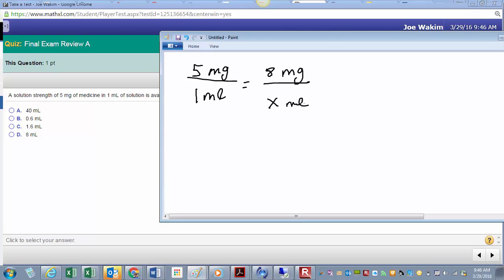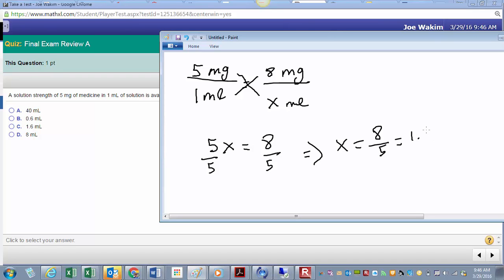So cross multiply. 5x equals 8 times 1, 8. But we want x, so divide both sides by 5. This implies x equals 8 over 5 or 1.6, right? Because 8 divided by 5 is 1, remainder is 3, 30 by 5 is 6. So C is the answer.